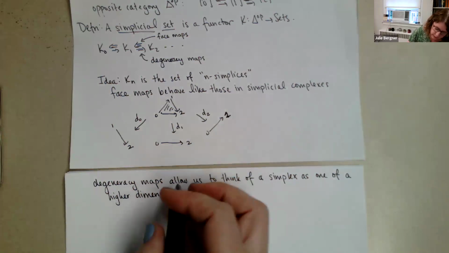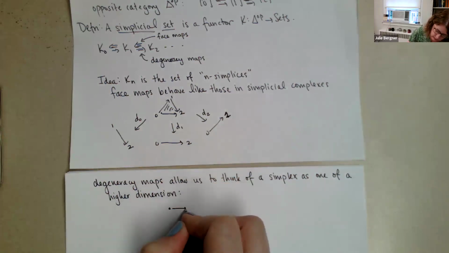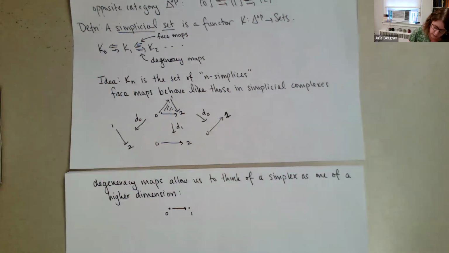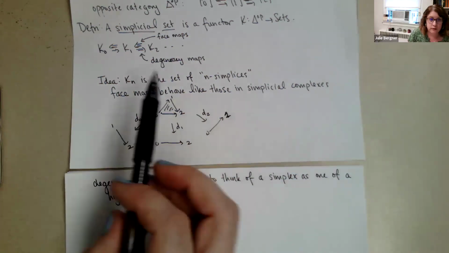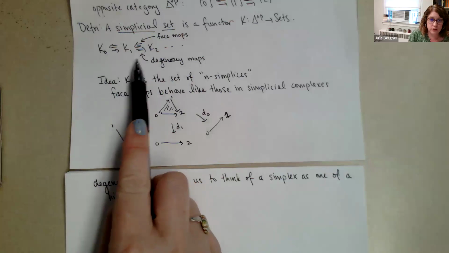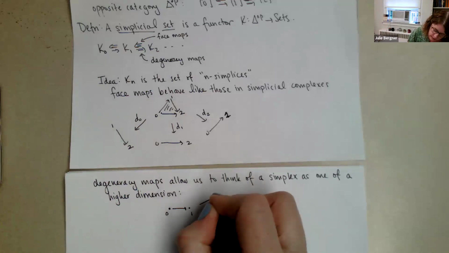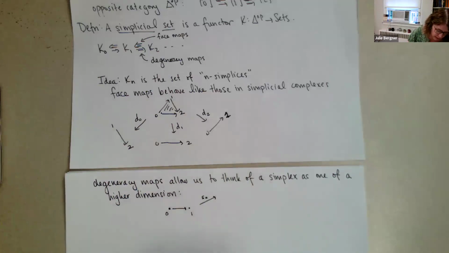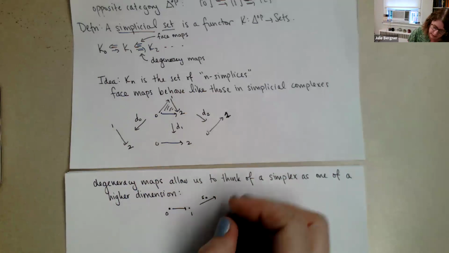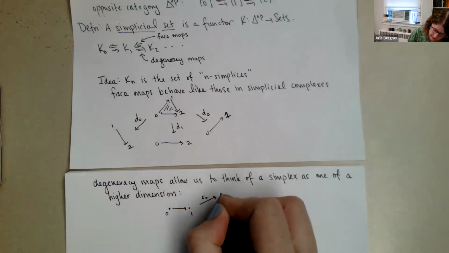So, for example, if I have a 1 simplex, say from 0 to 1, I should have 2 degeneracy maps. I should be able to think of it as a 2 simplex in 2 different ways. We're thinking of it as doubling up. I tend to think of it as a very short face.